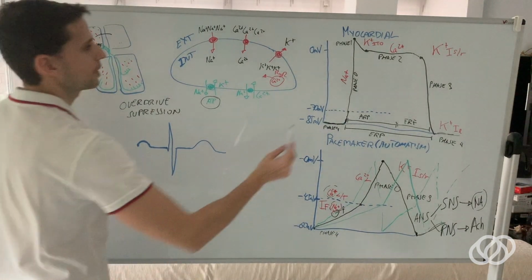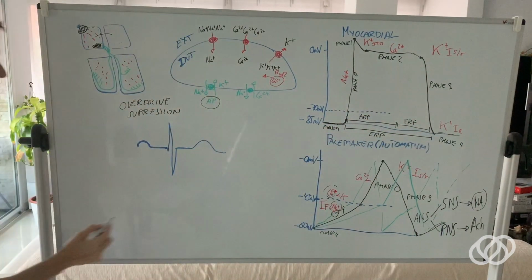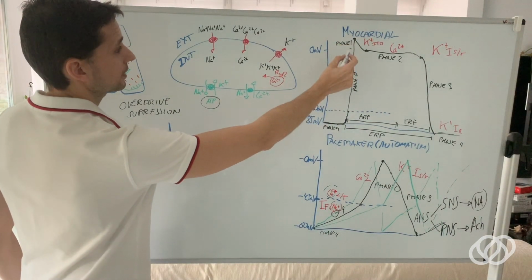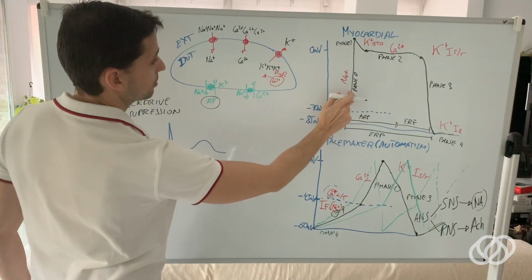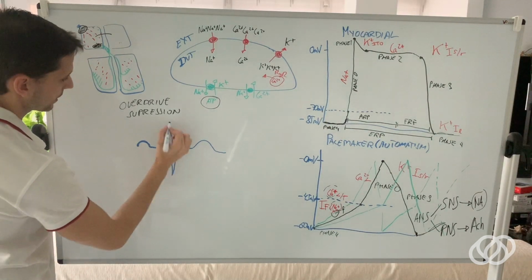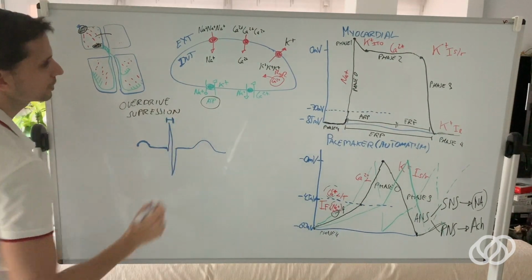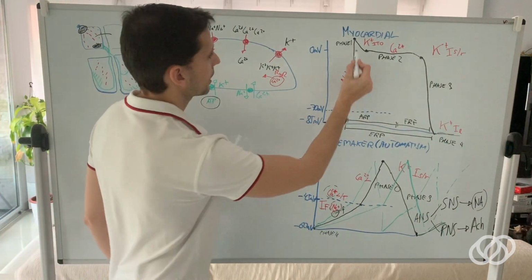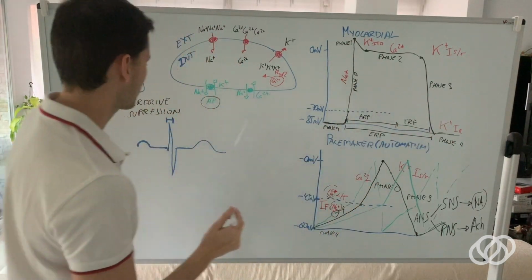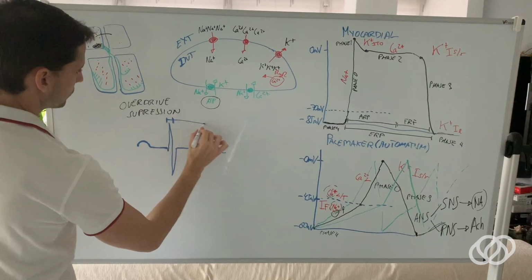So we can see here in the myocardium, phase 0, that is the depolarization, in this QRS complex. And from phase 1 to phase 3, we have the repolarization that is from here to here.